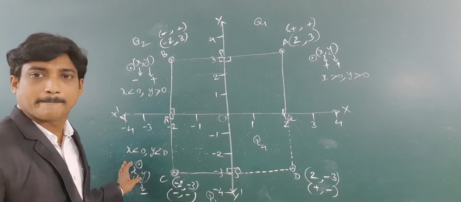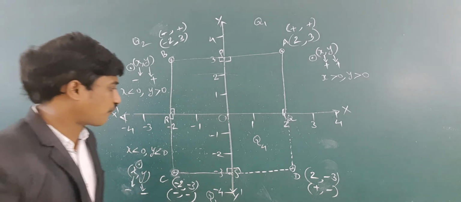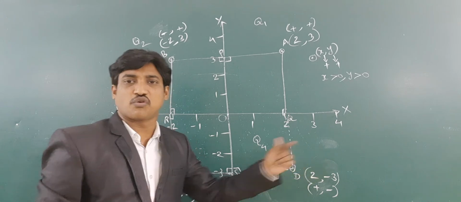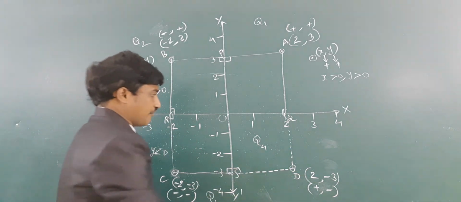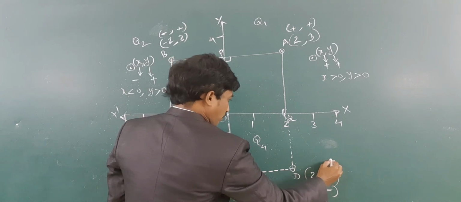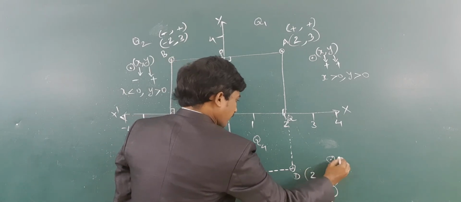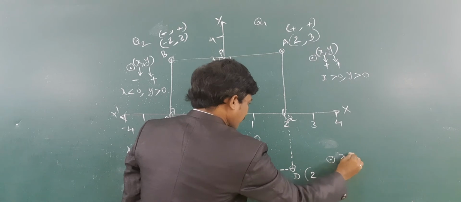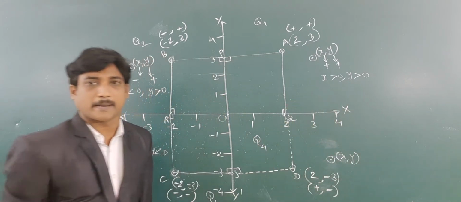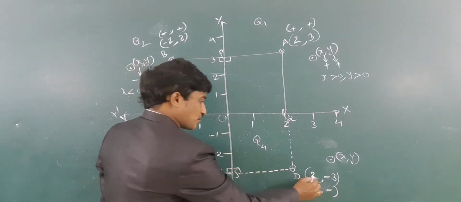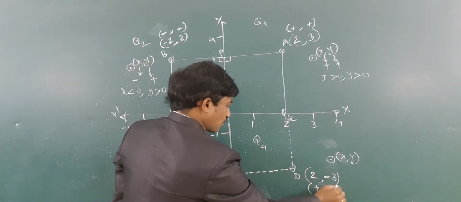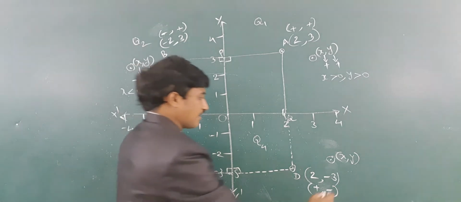Now let us see the behavior of a point in the fourth quadrant, Q4. If there is a point xy in the fourth quadrant, then the first coordinate has a positive sign, the second coordinate a negative sign.